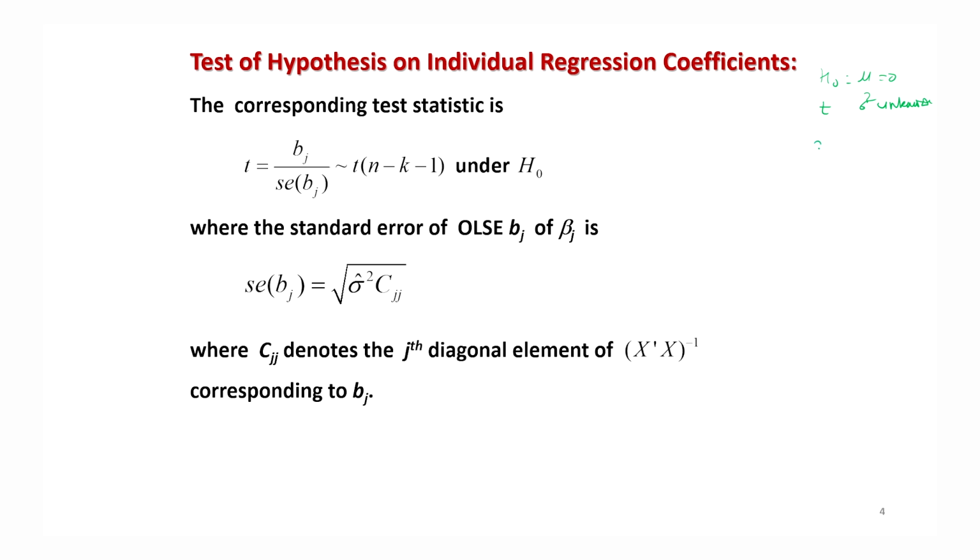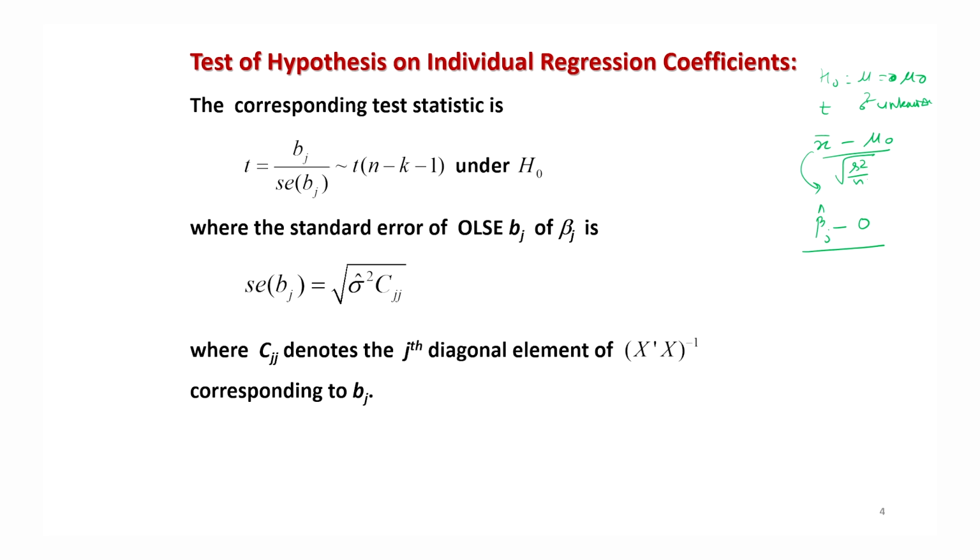If you try to recall, your statistic was this: if H naught is mu equal to mu 0, then your statistic becomes x bar minus mu 0 divided by square root of s square upon n, right? Now I am trying to replace this: x bar becomes beta j hat, mu 0 becomes 0, and now I have beta j hat minus 0, divided by the square root of s square by n.